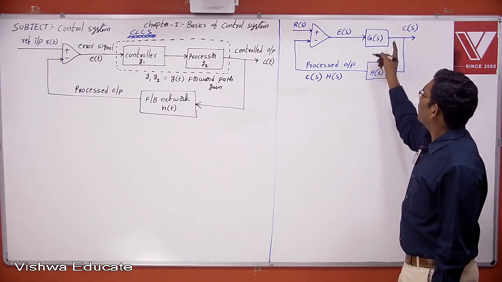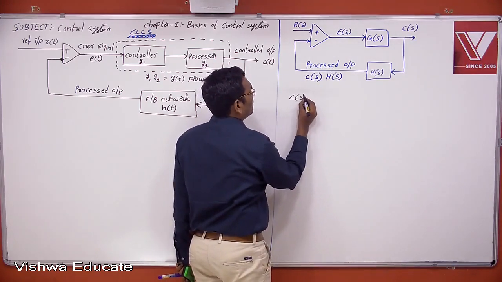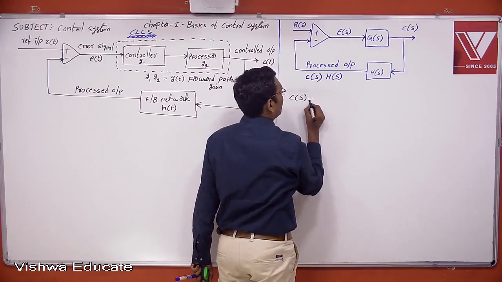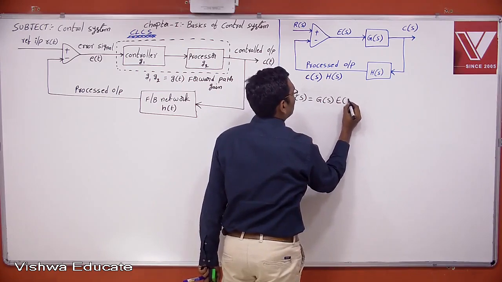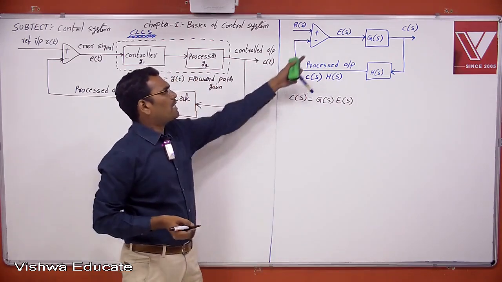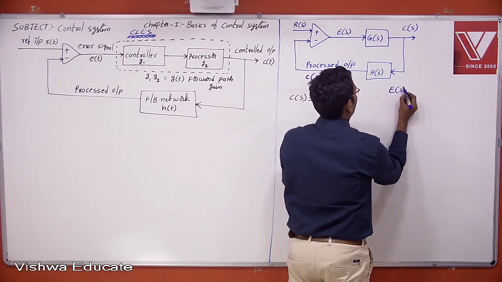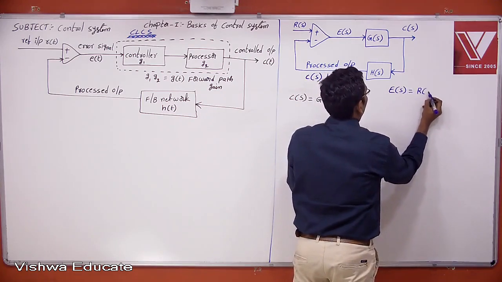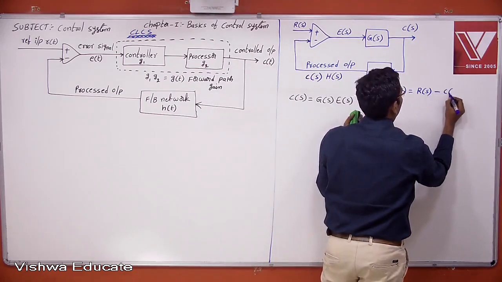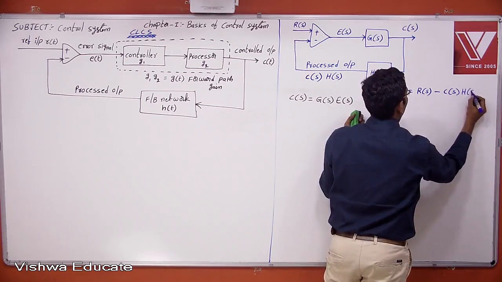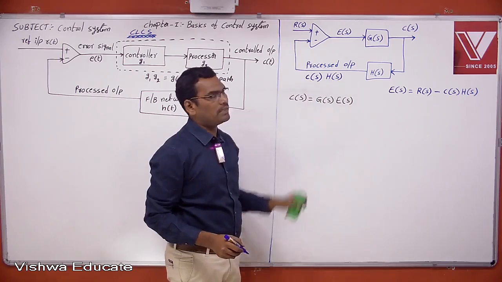Now, what is the closed loop control system transfer function? Now we will see. What is the controlled output? The controlled output c of s is equal to g of s into e of s. Now, what is the error signal? The error signal e of s is equal to r of s minus c of s into h of s.